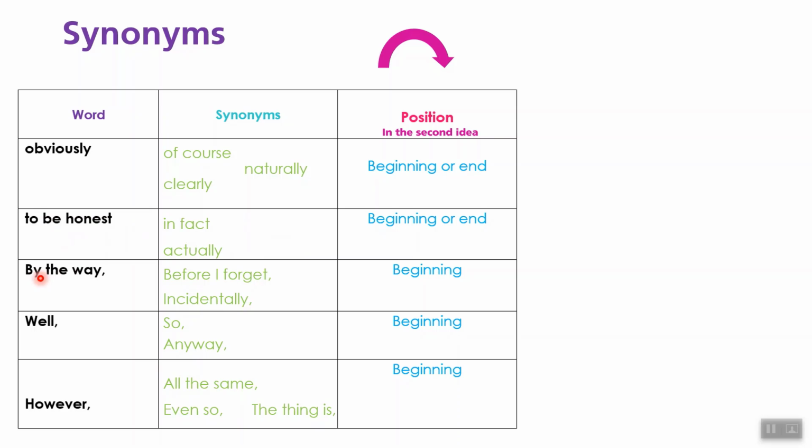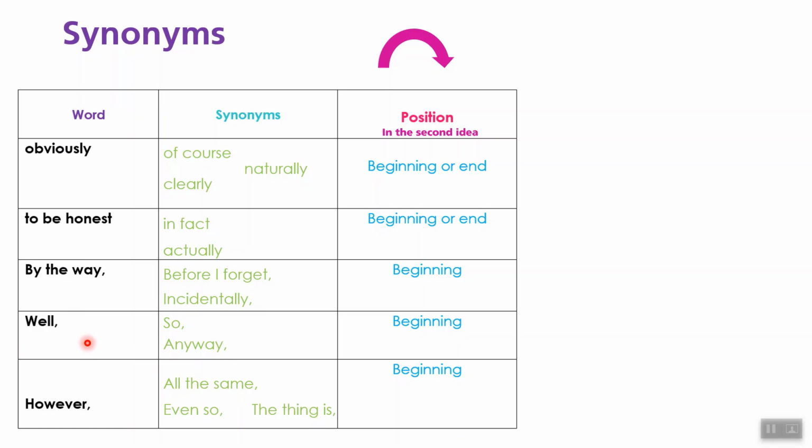Then, by the way, in Spanish is por cierto. Before I forget, and incidentally, is the same idea. But incidentally could be a little bit more formal. Then, well, in this case, you have so or anyway.